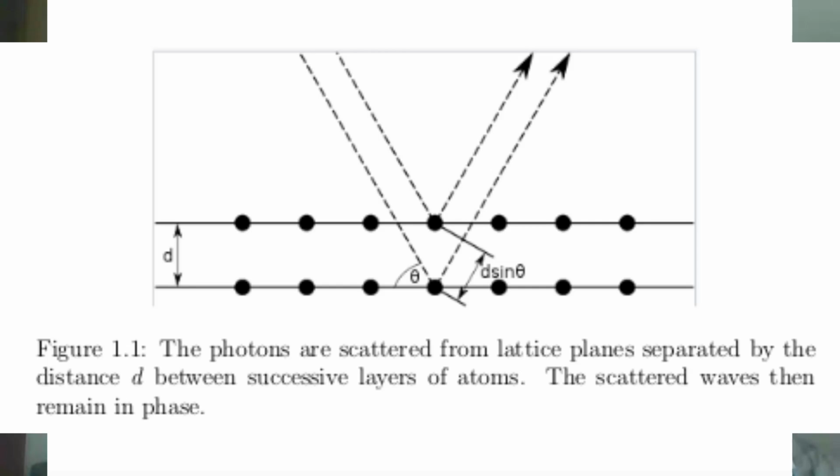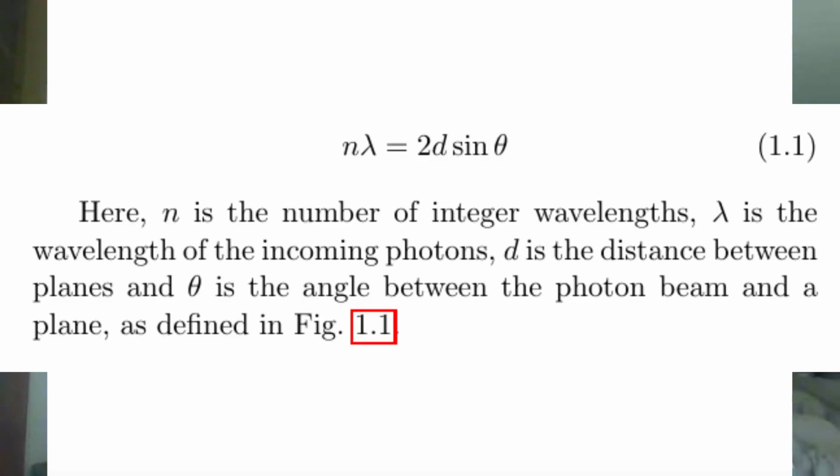The Bragg reflection happens when the phase of the wave, if you look at a photon, the phase of the photon oscillation, is the same when reflected from different planes within the crystal.